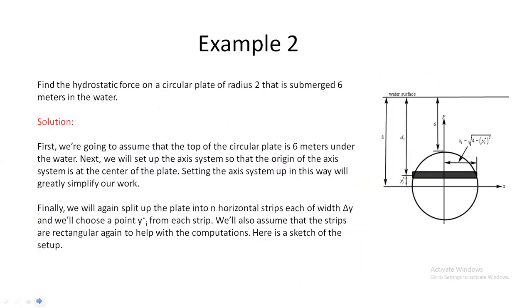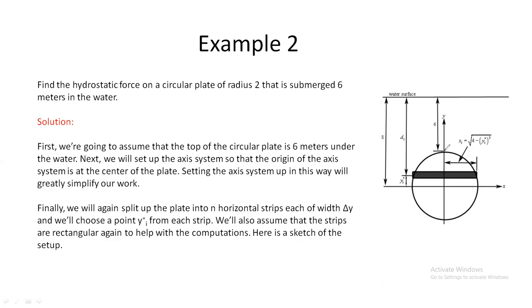The first one is a triangular plate. This one is circular. So find the hydrostatic force on a circular plate of radius 2 that is submerged 6 meters in the water. Look at the interpretation of submerged 6 meters in the water.